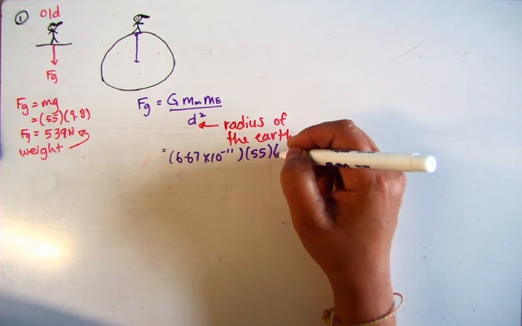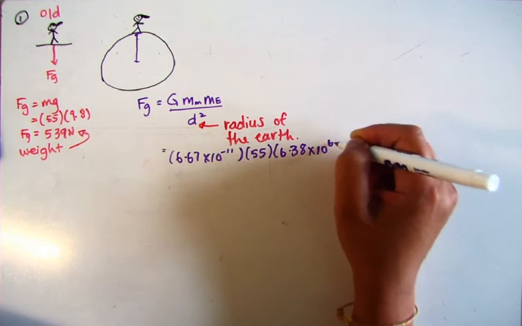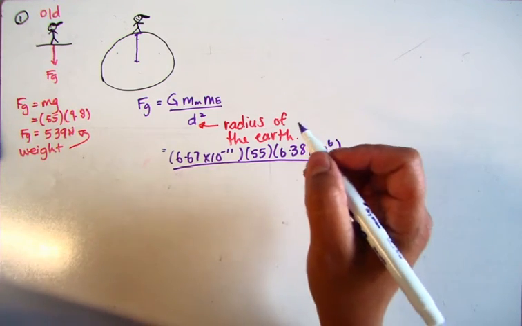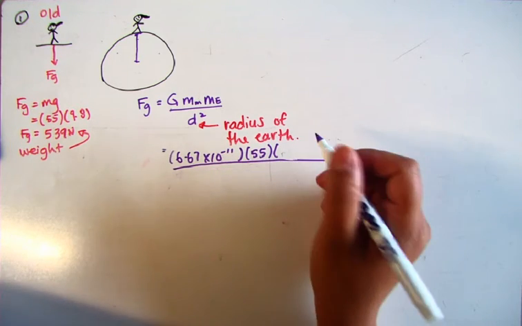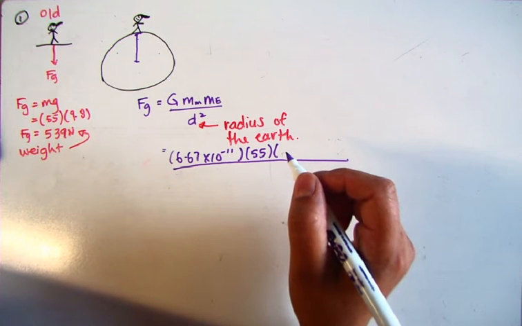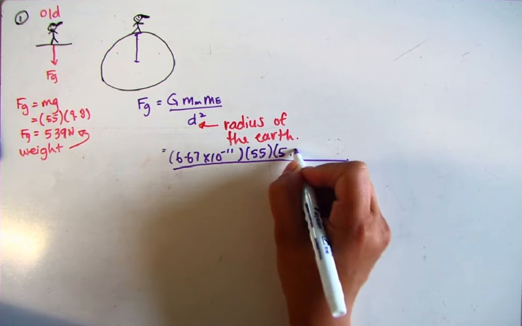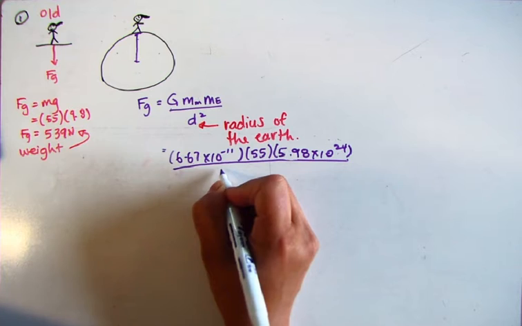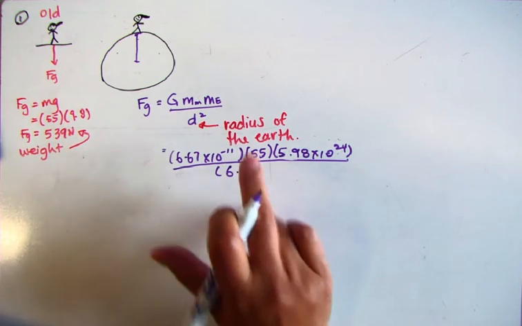The mass of the Earth that you're given is, I've got this wrong, this is actually 5.98 times 10 to the 24. And then the radius of the Earth is 6.38 times 10 to the 6 meters.